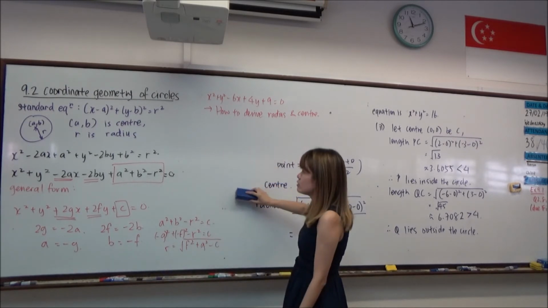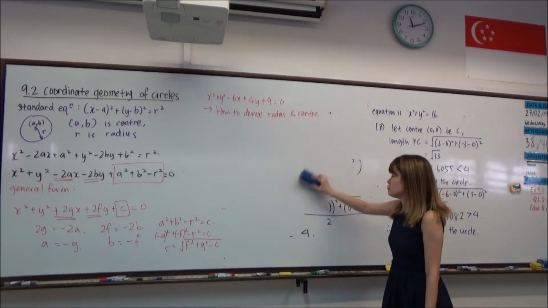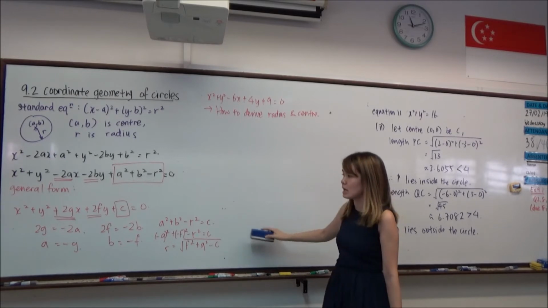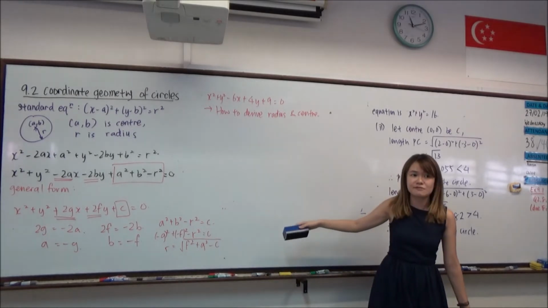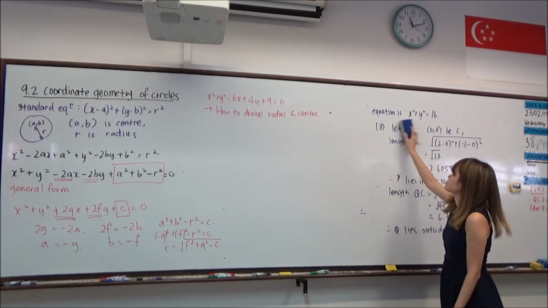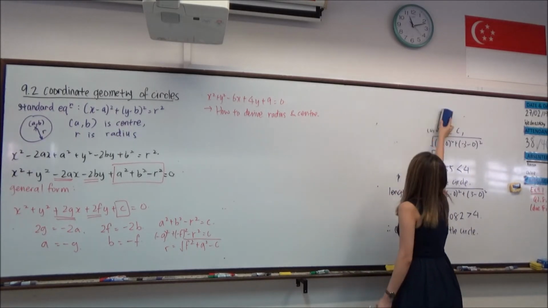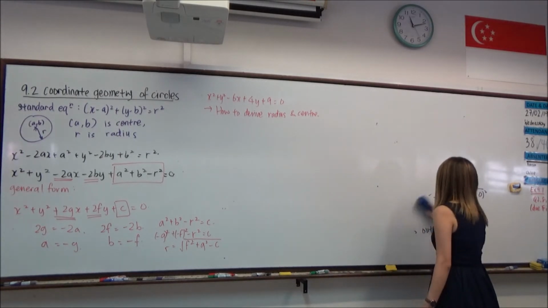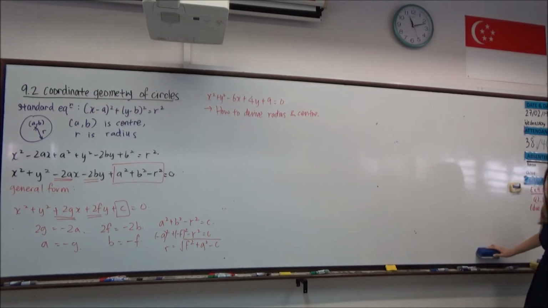I will explain to you in an example how I actually do that, and I will also show you an example of how we make use of this formula itself. But before I go into the example, are there any questions? Okay, I do an example first.